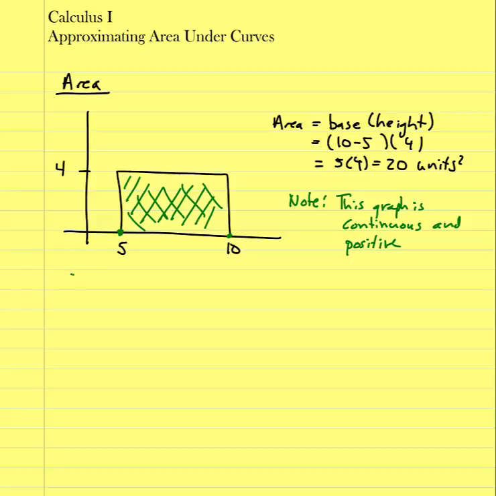So if we look at this with the vertical axis as velocity, and the horizontal axis as time, what we have then is the distance traveled is the area under the graph of the velocity.